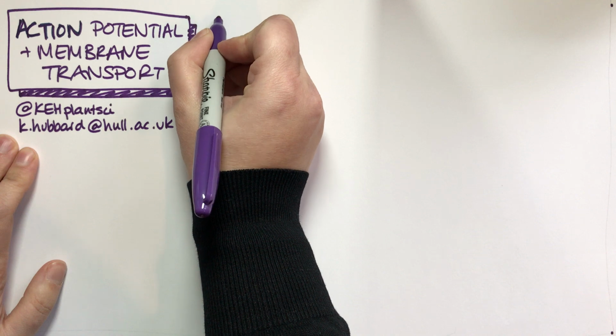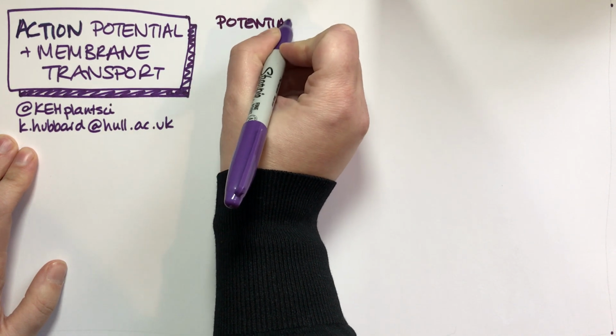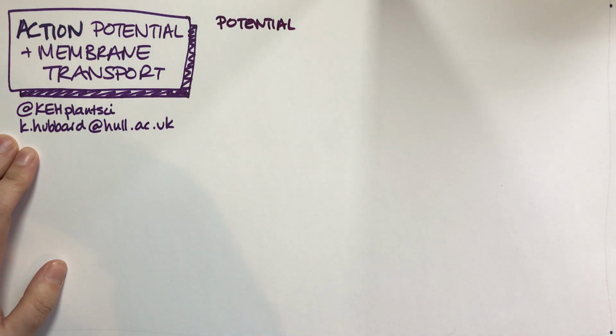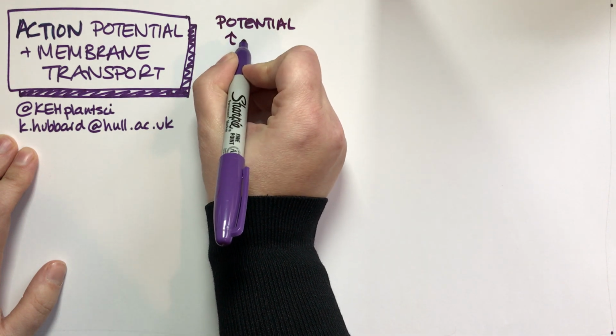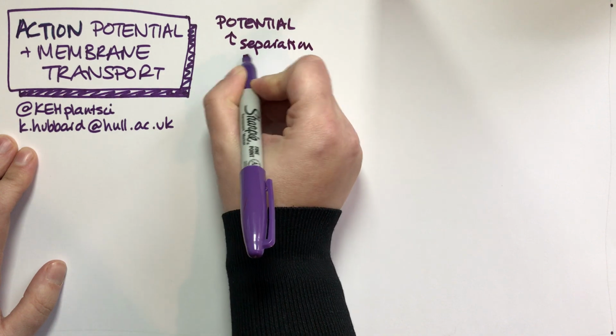Okay, so potential is a word that comes from physics. So it means the potential to do work. And what that actually means is it refers to a separation of charge.